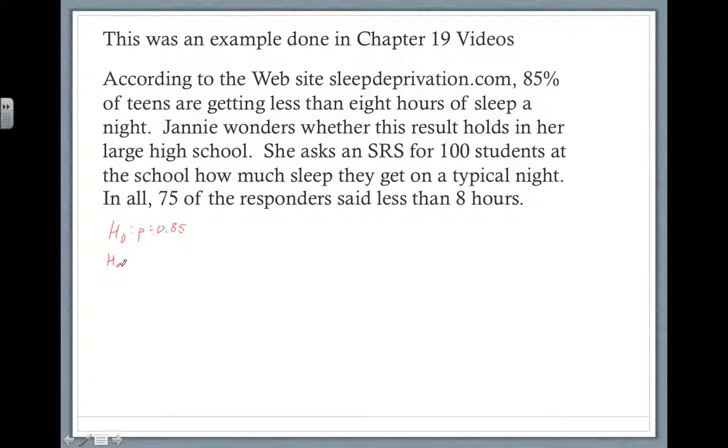My alternative hypothesis is that we're suspecting it might be less than that, based on that 75. I'm going to rely on my calculator here, and it's going to give me a test statistic of negative 2.8.